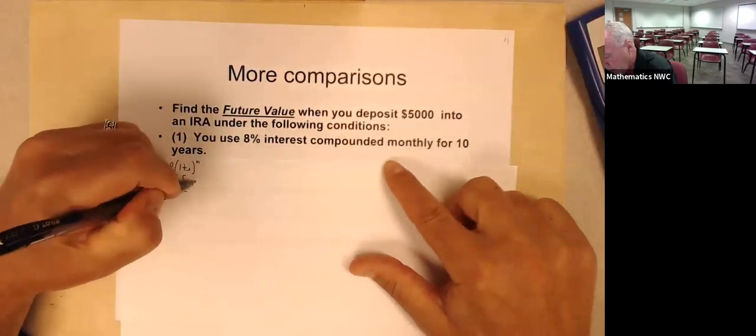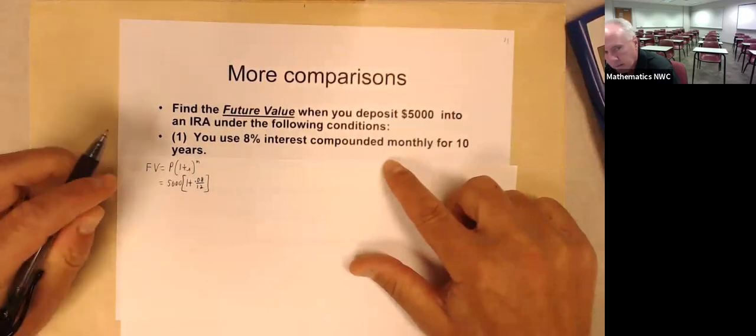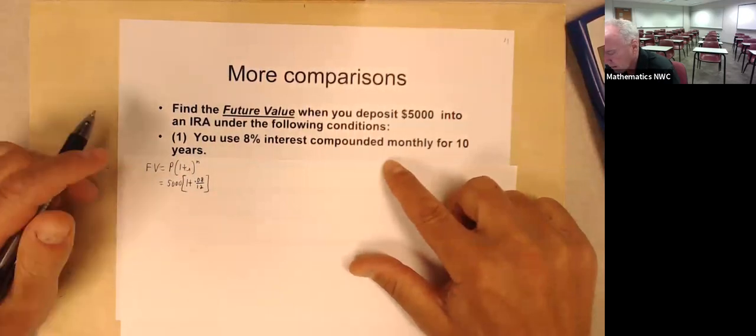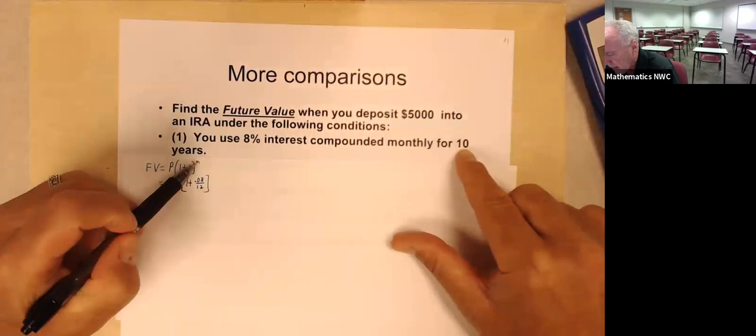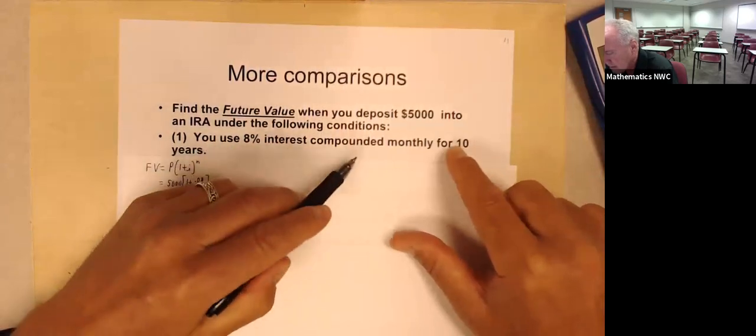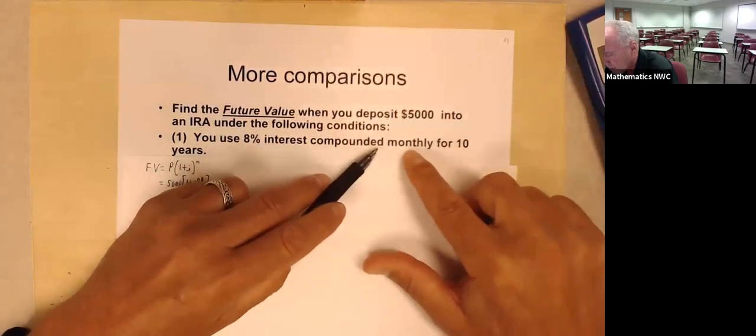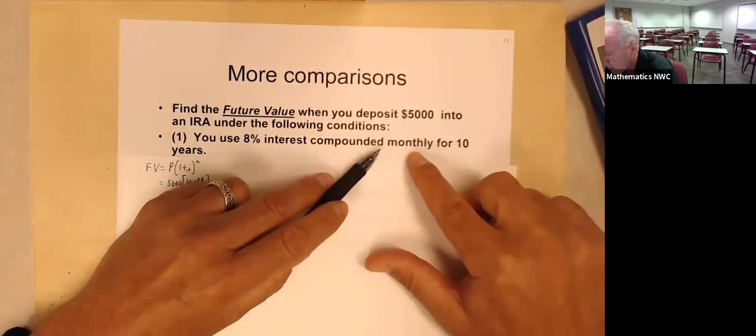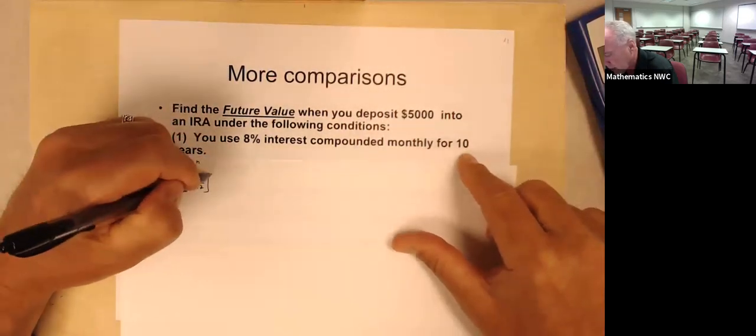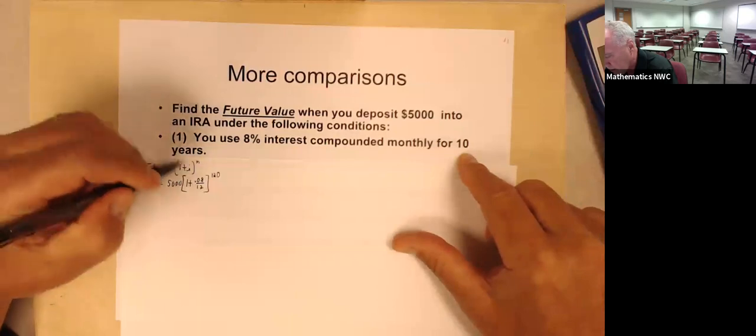So 0.08 divided by 12. The N is the number of years times how many times it's compounded per year. Compounded monthly is 12. 12 times 10 years, 120.